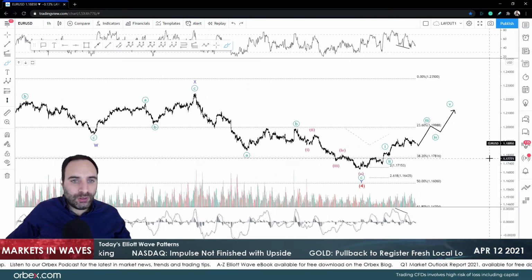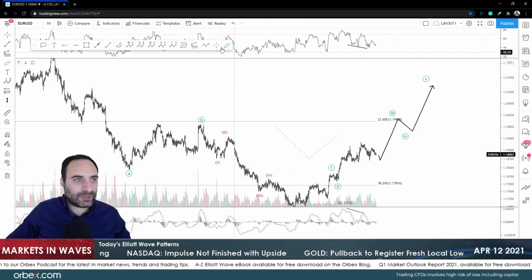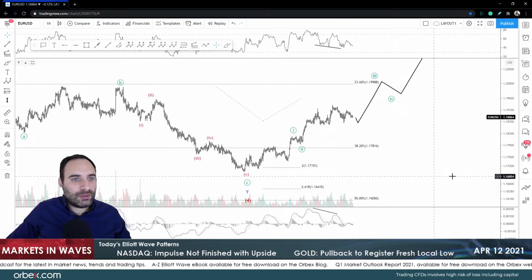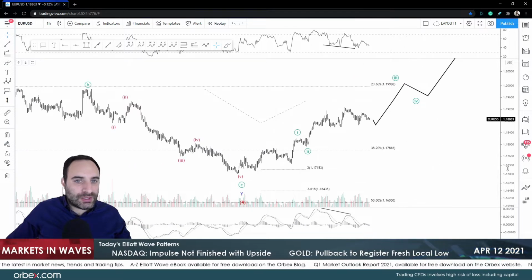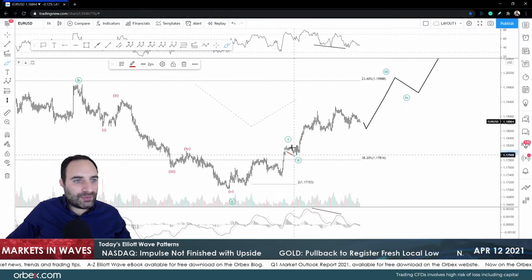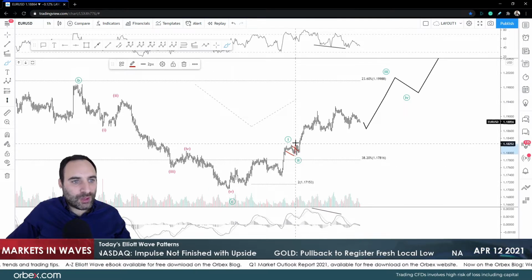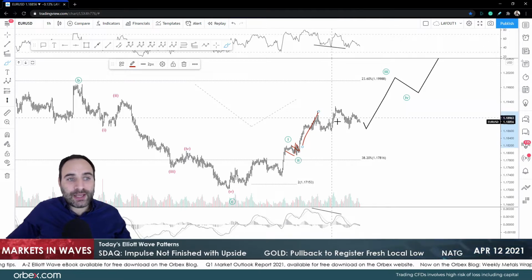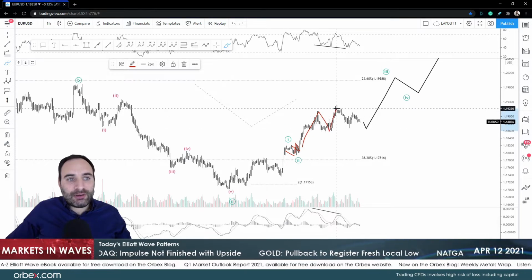So if we look a little bit closer, guys, we can see here the internal structure, right? And currently, we've had this correction over here. So we've got 1 and 2, we've got 3, and it looks to me like this is going to be a running flat.